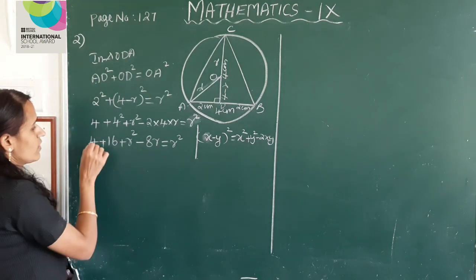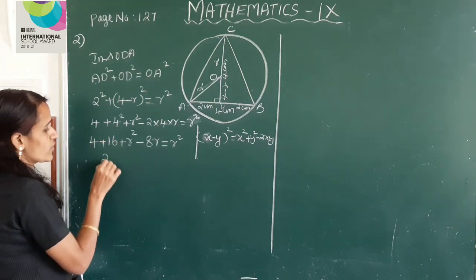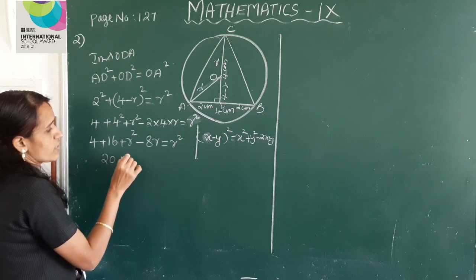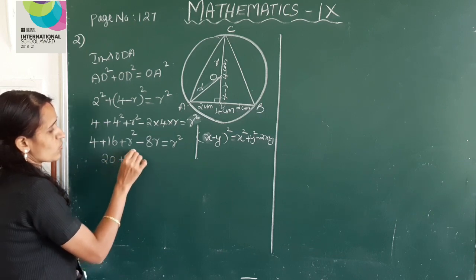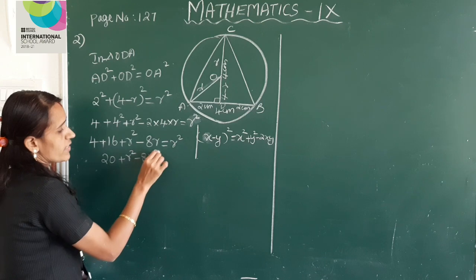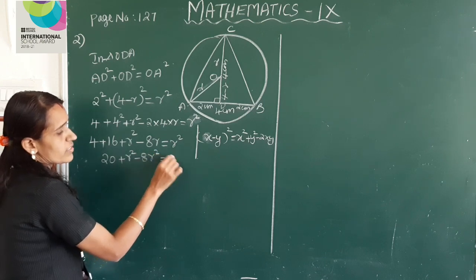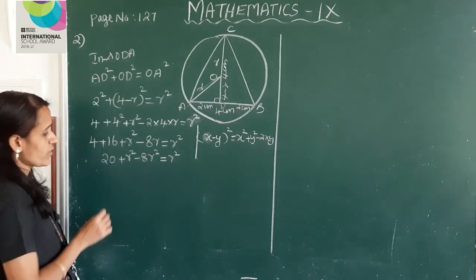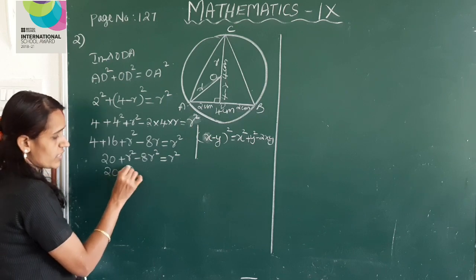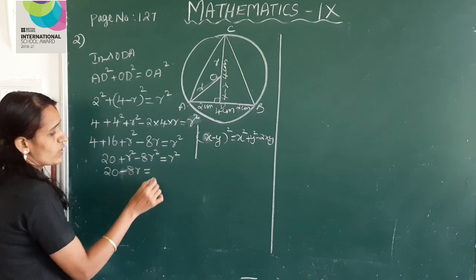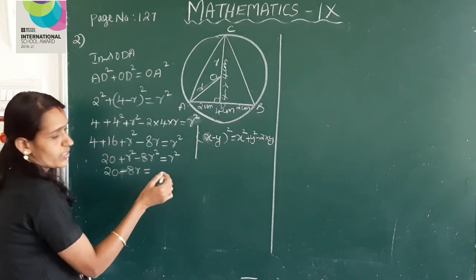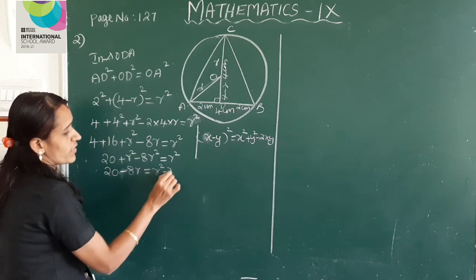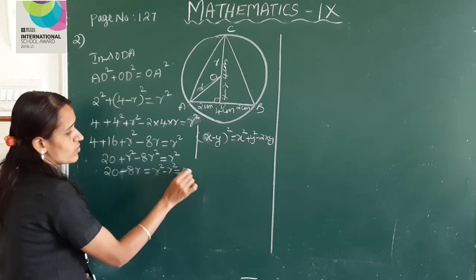4 plus 16 is 20, plus r square minus 8r, equals r square. So 20 minus 8r is equal to r square. Change it to the right side: r square minus r square is equal to 0.